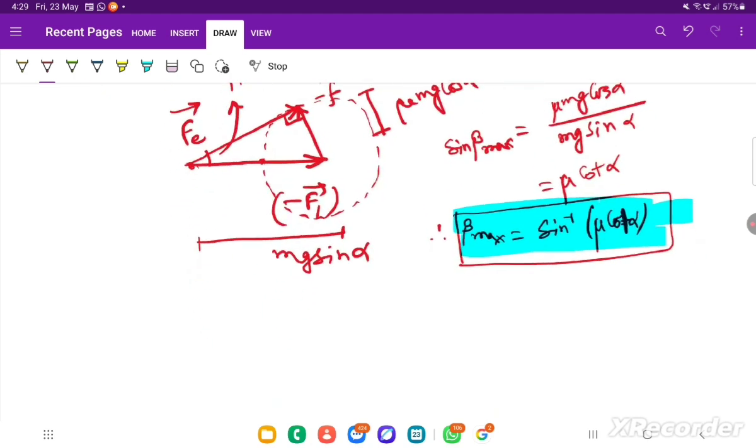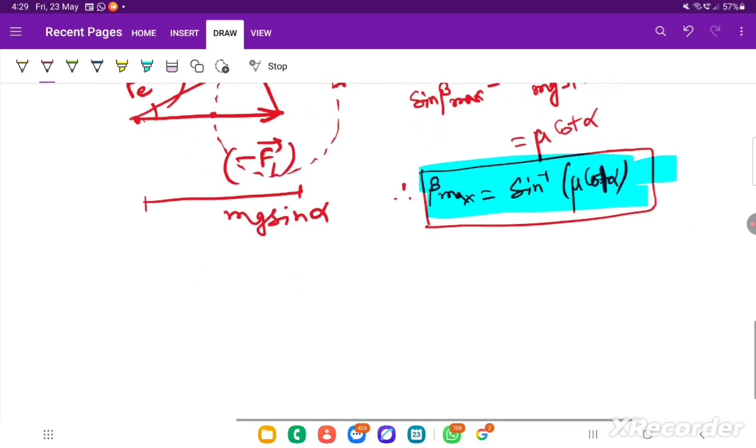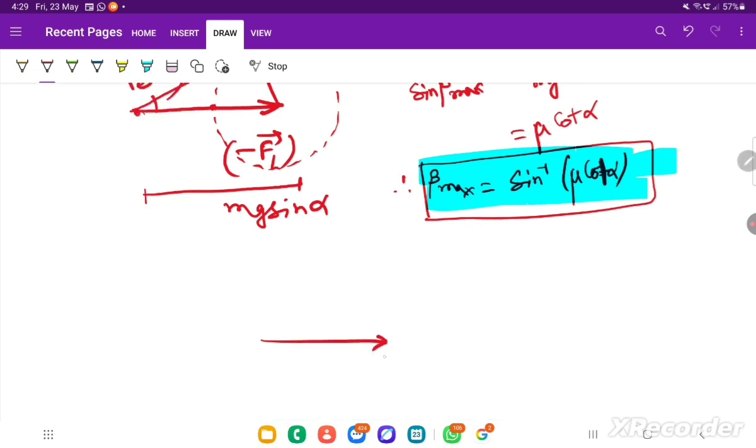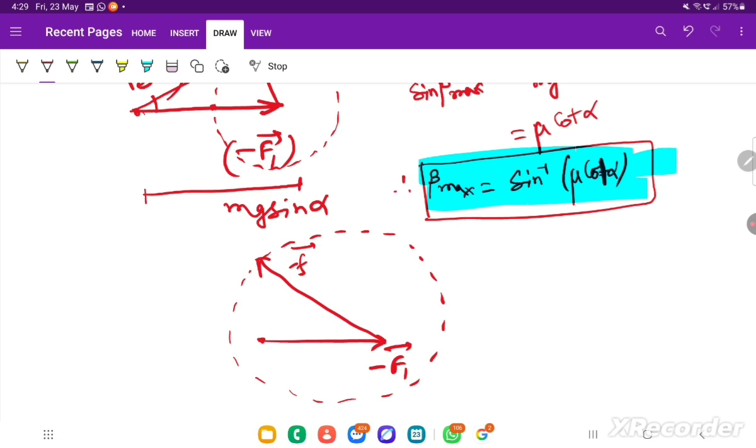In that case, let me show you what the diagram would have been. It would have been like this one, minus F1, and this one was the circle. It's a very bad drawing, but please cope with this. This one would have been minus F. So in that case, you can imagine that the radius would have been greater than mg sin alpha. And for maximum beta, beta is what?